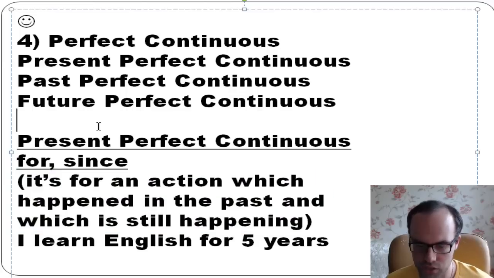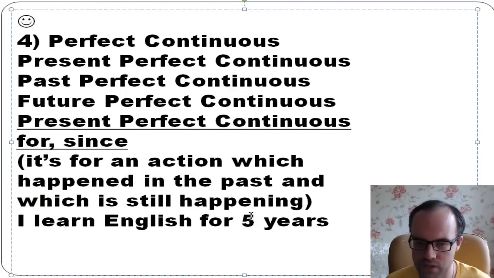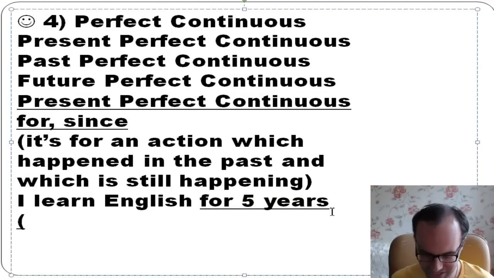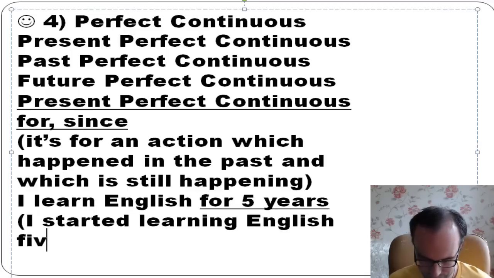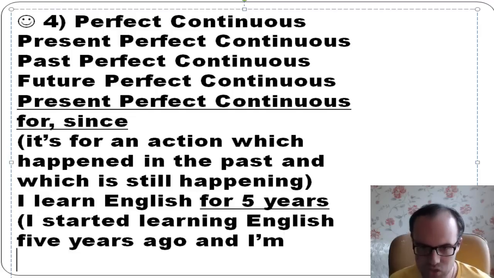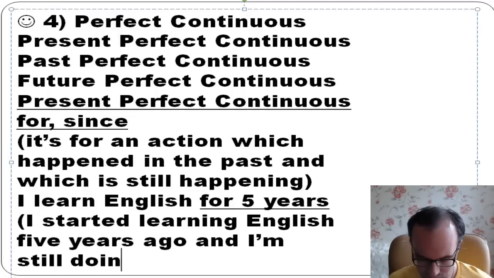Look, I learned English for 5 years. So what does it mean? If you have for 5 years, it means that I started learning English 5 years ago, and I'm still doing it, and I'm still learning it.